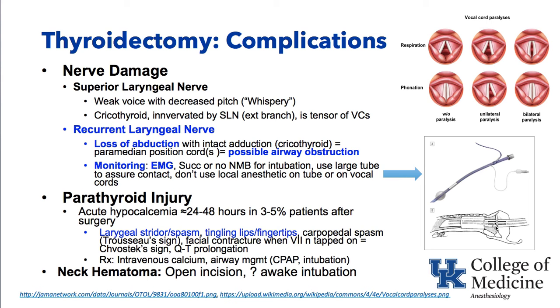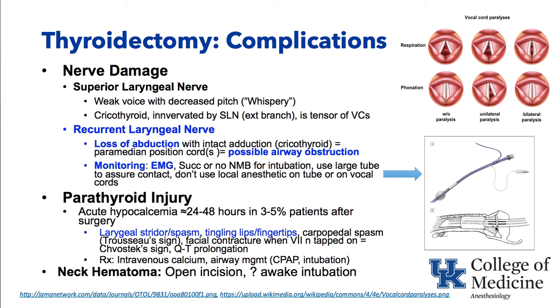Another problem with thyroidectomy is injury to the parathyroids. Those little rice-sized glands that sit behind the thyroid, if they are inadvertently removed, all of them, you can get acute hypocalcemia, often presenting in the first 24 to 48 hours, with tingling of the lips and fingertips, and QT prolongation on the electrocardiogram.